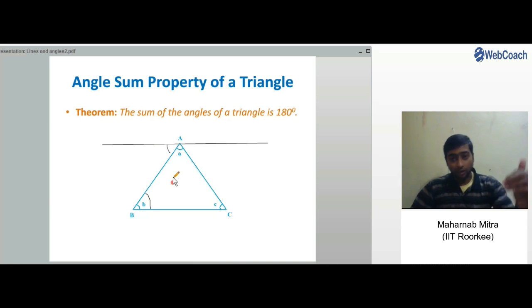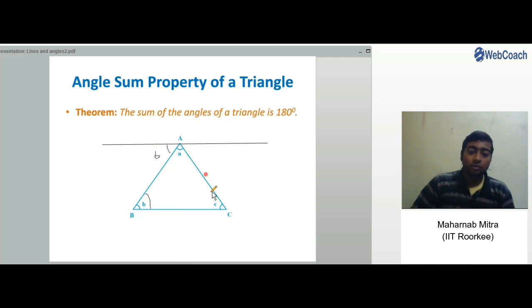These two angles must be equal. Why? Because they are alternate interior angles. So this angle must be B. And similarly, if we take AC as the transversal for the two parallel lines, we will have angle C equal to this angle, which we can also call angle C, because these two are equal, right?